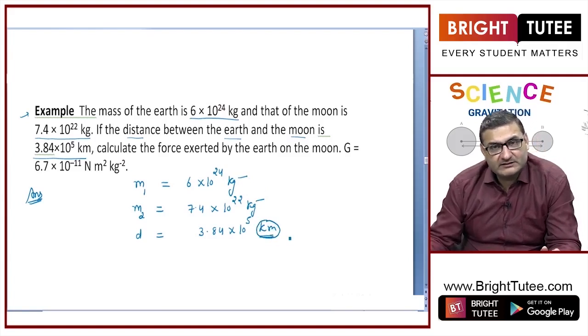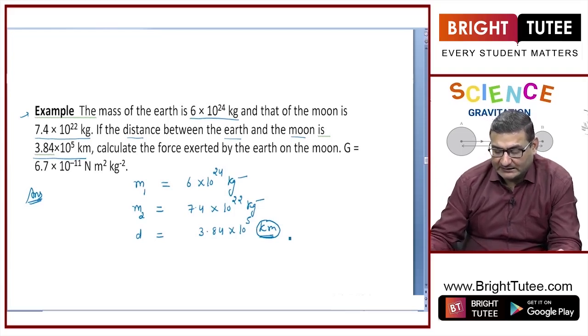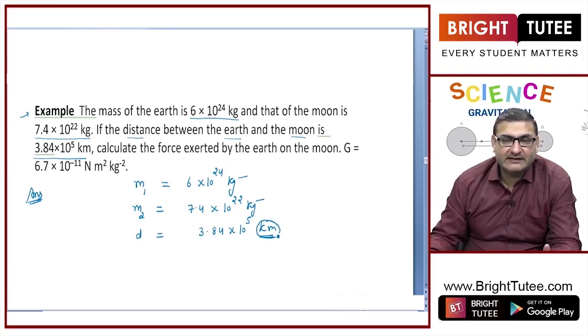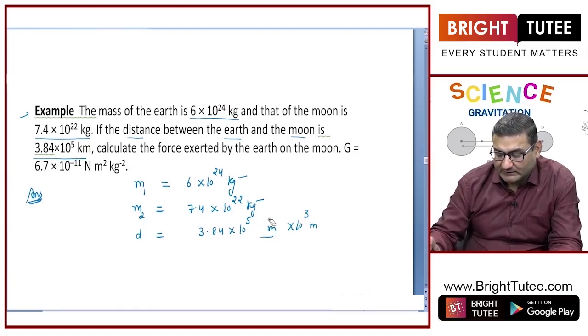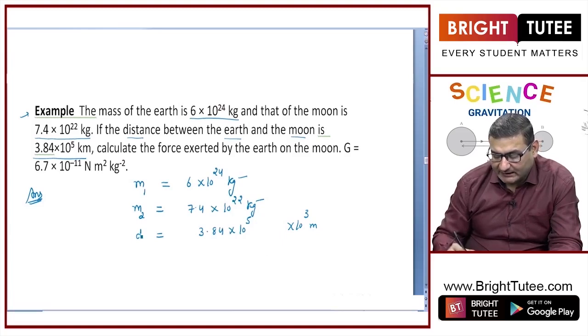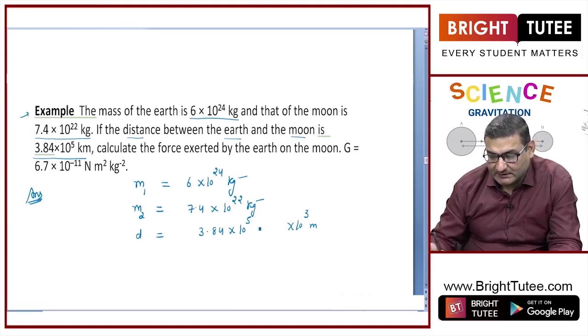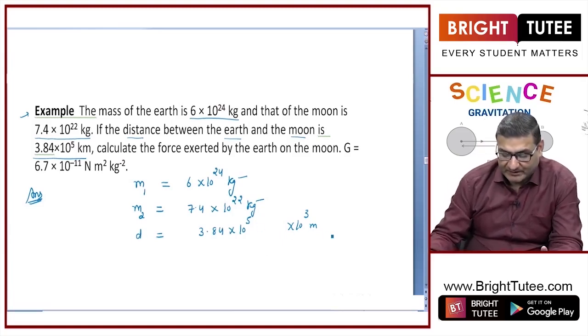So, students, you need to convert kilometers into the SI unit of distance, which is meters. We just multiply by 10 to the power 3, or 1000, to convert it into meters. So, removing kilometers, I can write that the distance is this much in meters.